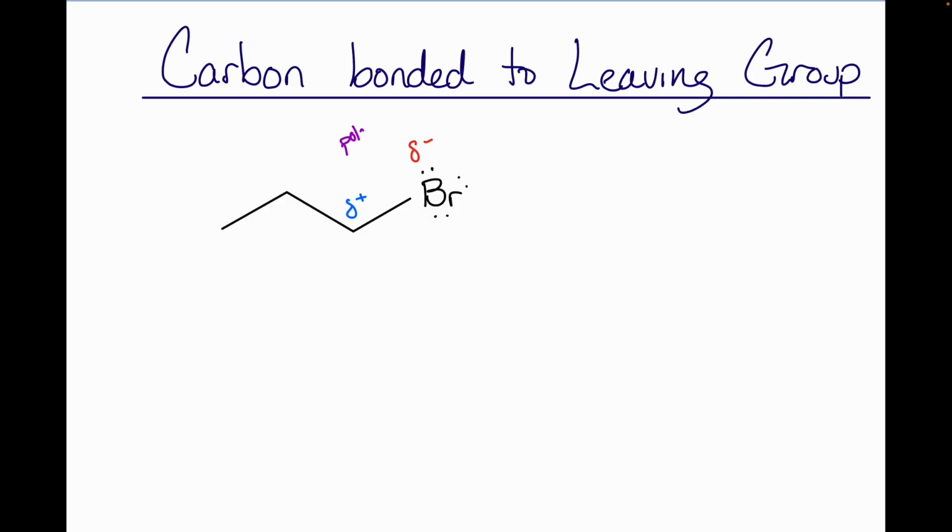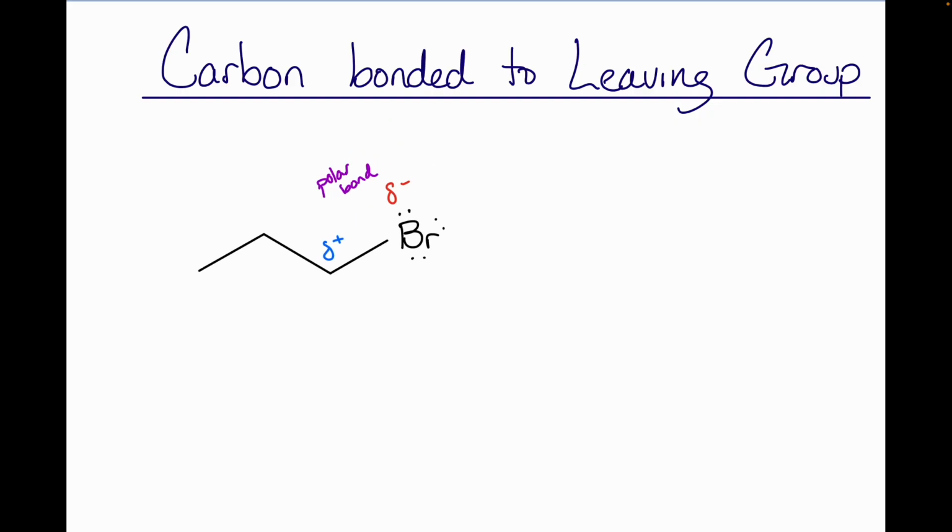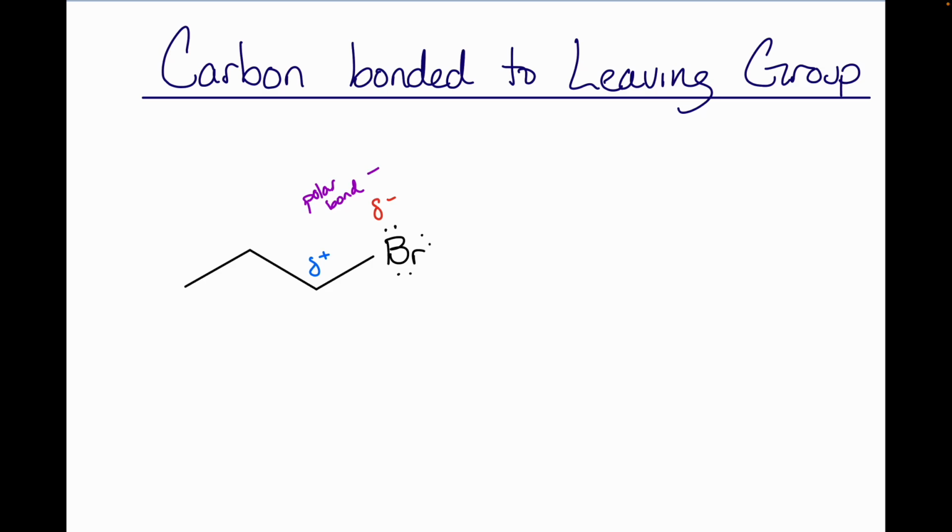All right, so we have this polar bond here. Okay, and again, that polar bond is important because it creates that electron-poor carbon. All right, but that's not quite enough. Again, not only does an electrophile have to be electron-poor, it also has to be able to accept a pair of electrons. And that's why the bromine here is so key.